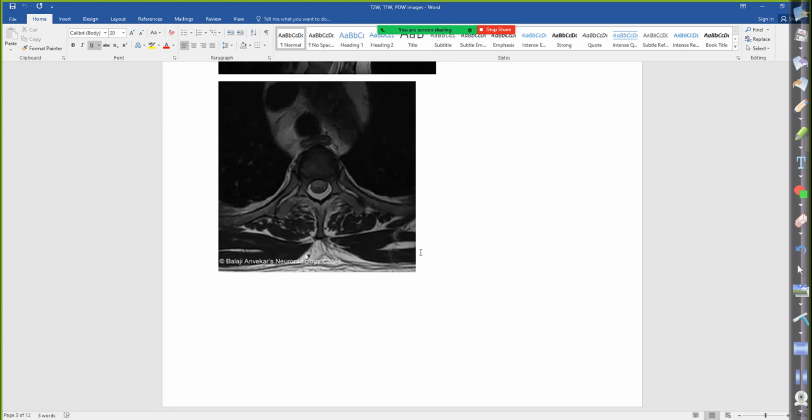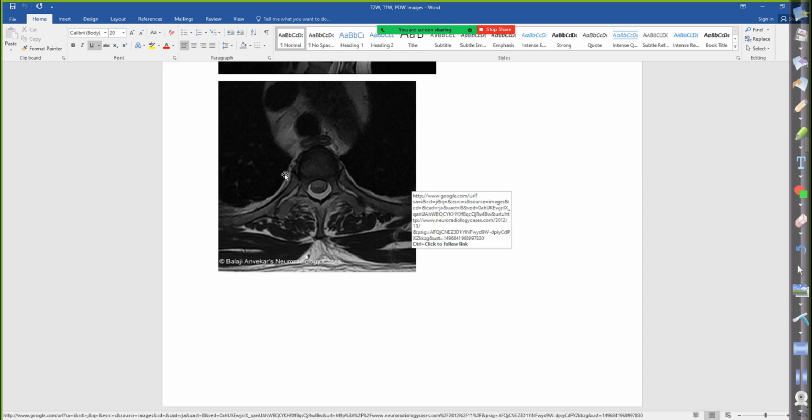Here's our T-spine, but it's in the axial plane. Once again, this is not fluid. This is fat, kind of in that mediastinum area. It's fat back here. But the fluid is surrounding the spinal cord.